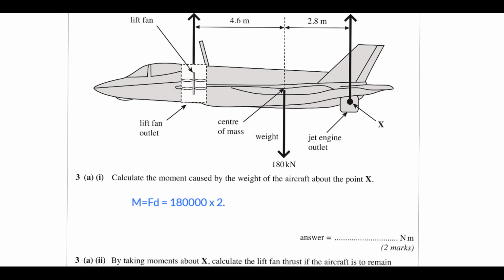The distance we can see is 2.8, and then if we put that in, we can get a value for this, and when I do this I get a value of 500,000, or it's actually 504,000, so it's going to be 5.0 times 10 to the 5 Newton meters to give it the 2 sig figs there.